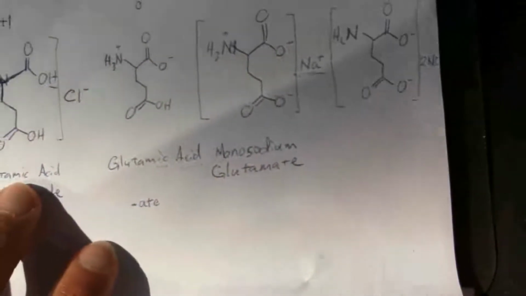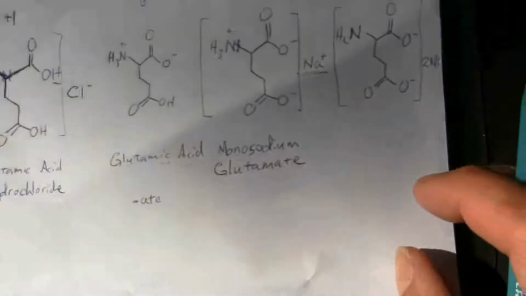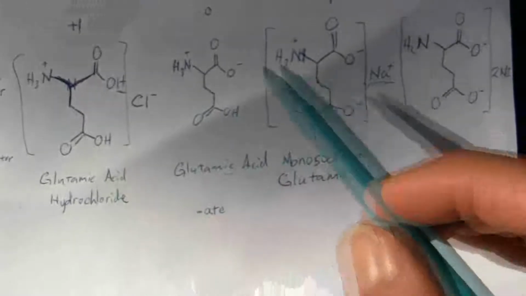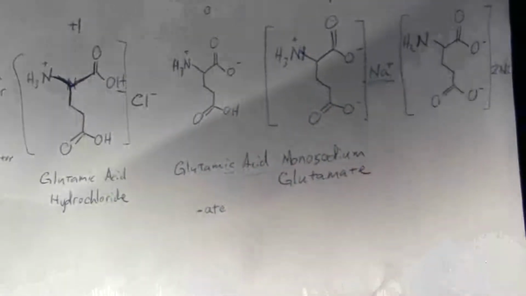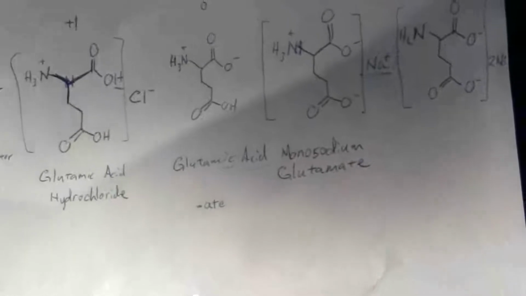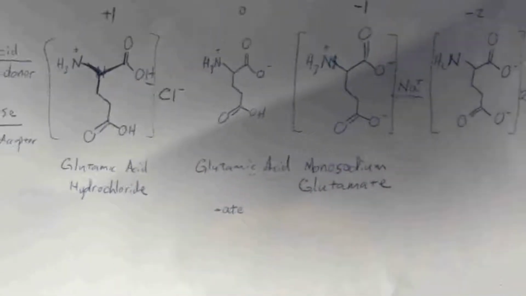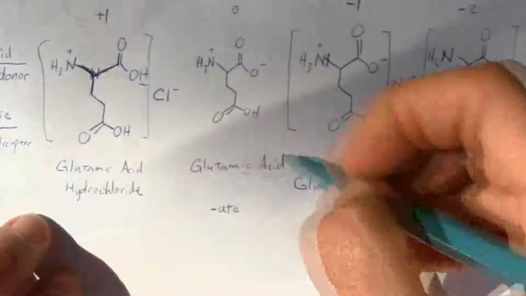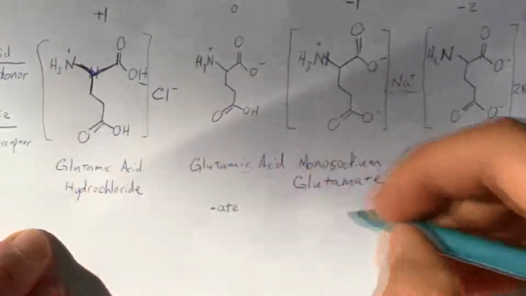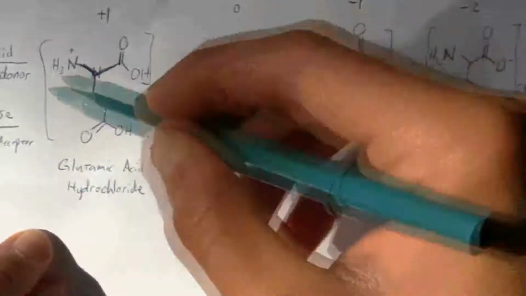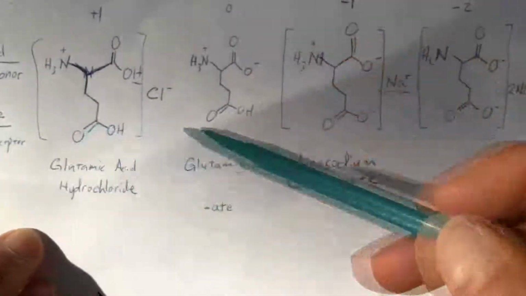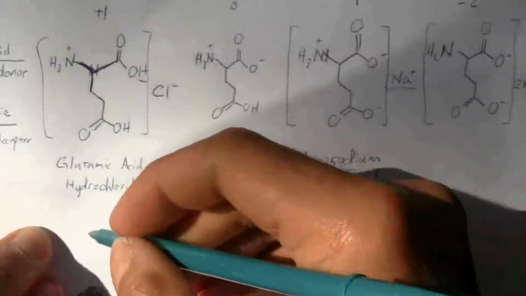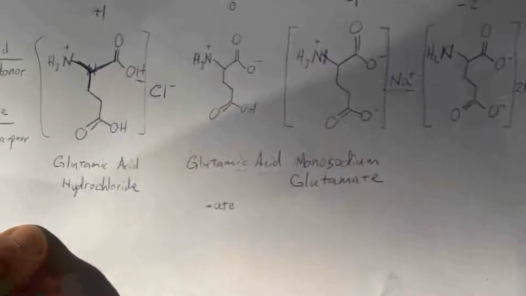Now, the only difference between these 4 different forms is pH. pH is a measure of how acidic your conditions are. So if I'm in acidic conditions, the more acidic I am, the more toward the left, the way I've drawn this, it's going to be.